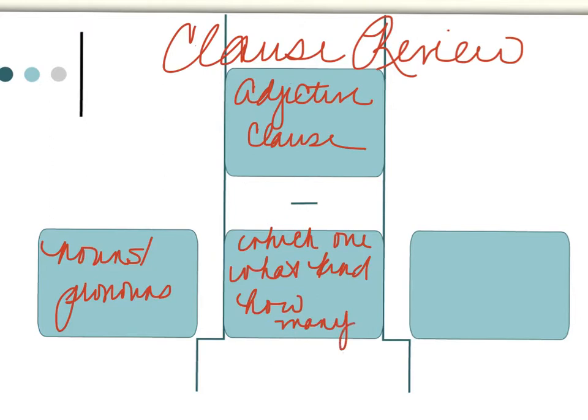With subordinate clauses, we have another level that we look at as well, and that is the word that introduces the clause. In this case, a relative pronoun or a relative adverb, the words when and where.